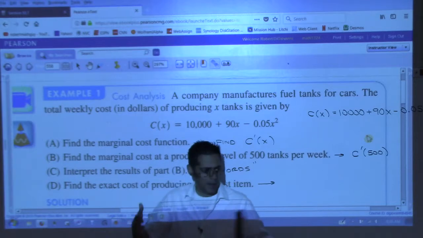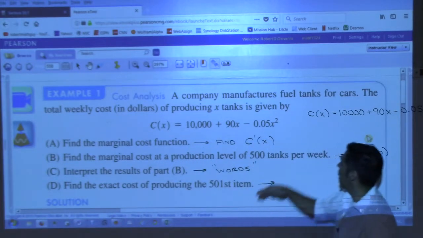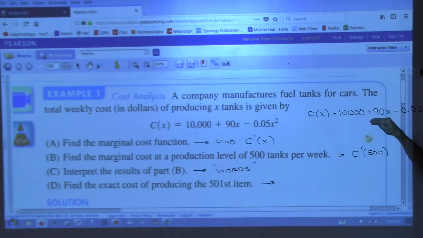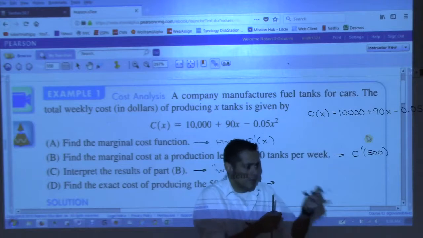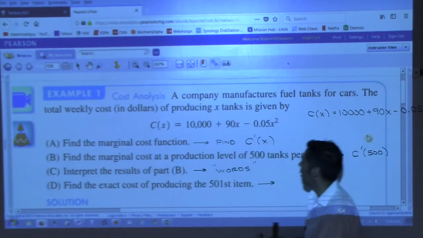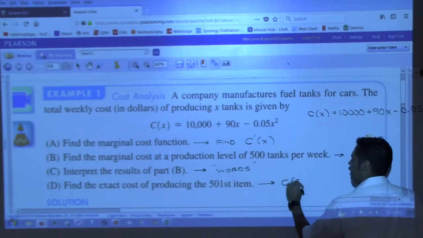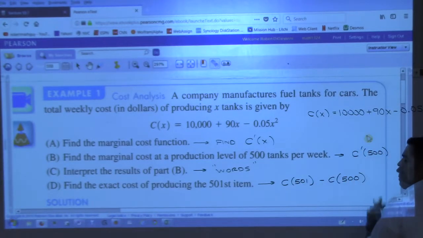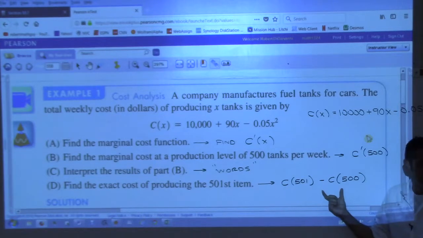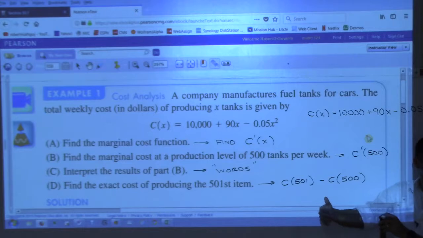If we make 500 tanks, this will tell us how much it costs. If we make 501 tanks, this will tell us how much it costs. I'm trying to figure out the exact cost of making just that 501st tank. So I need to take the cost at 501 and subtract from it the cost at 500. The difference between those two is going to give us the exact cost of making that 501st tank.